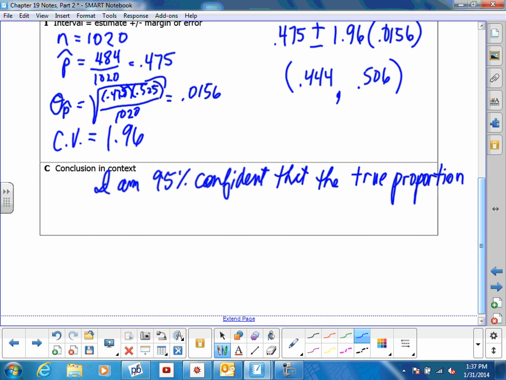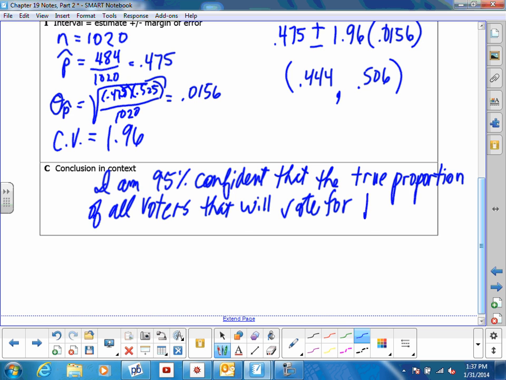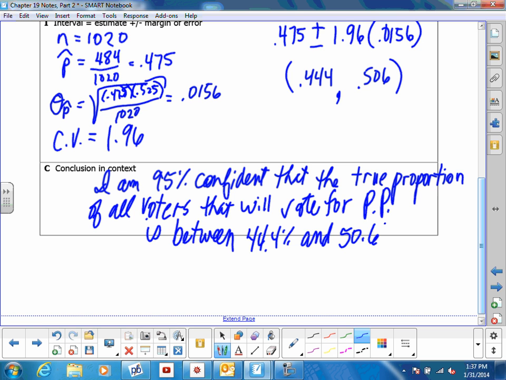You're not saying something about your sample. You are saying about the population. That the true proportion of all voters that will vote for presidential heat is between, now use common sense ones, 44.4% and 50.6%. Now, that's it.